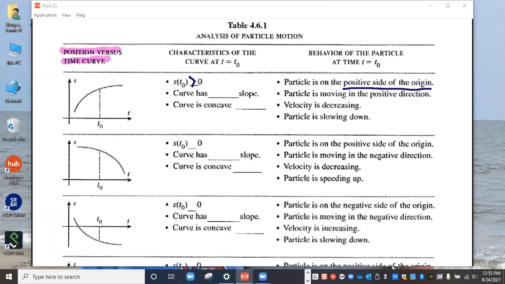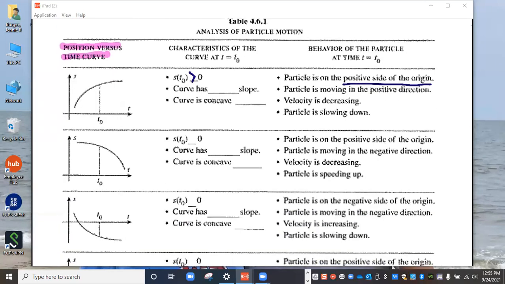You can see that the curve has a positive slope, so your velocity is greater than 0. The curve is concave down. We'll talk a lot about concavity later on, but when you're looking at a position curve, concavity helps you determine acceleration. If your curve is concave down, then your a of t is less than 0.